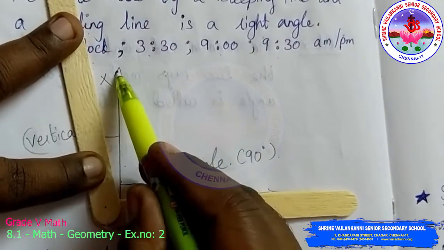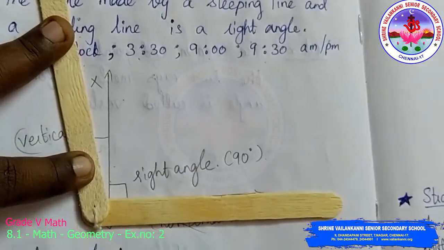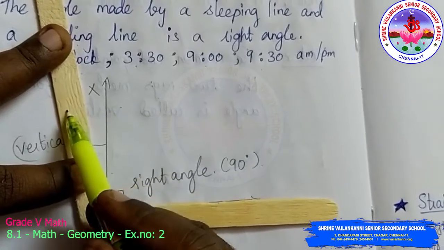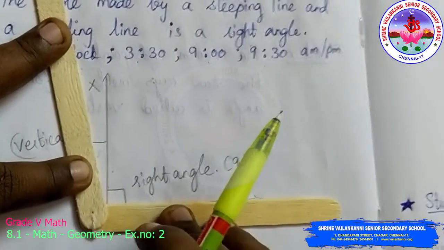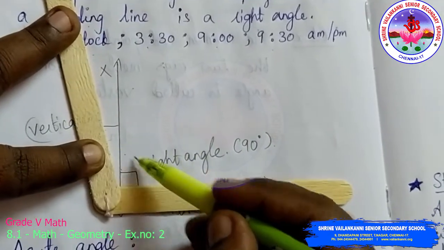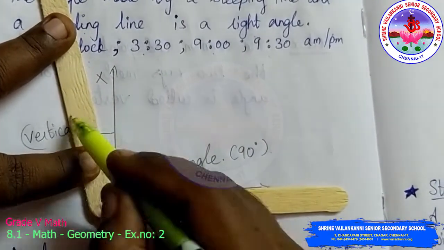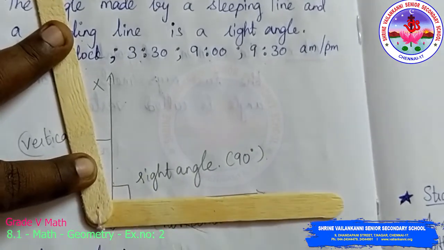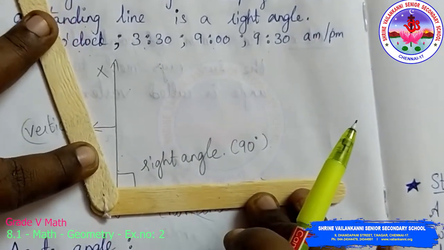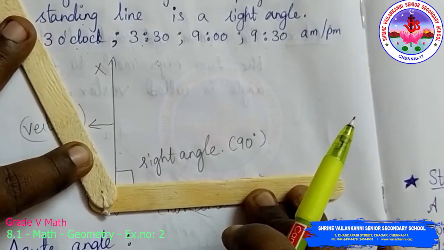See, the standing line is here and the arms are moving after the standing line. This angle formed by these two rays is called an obtuse angle. See, it can keep on moving like this.